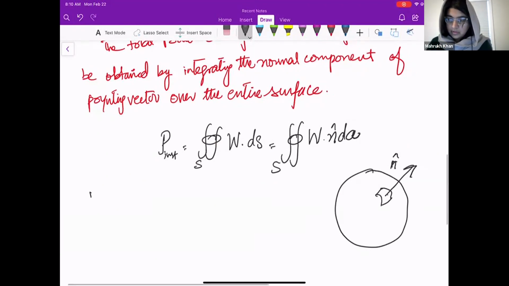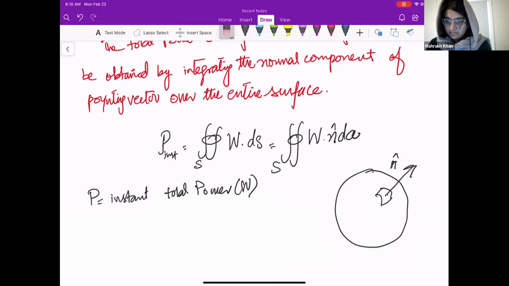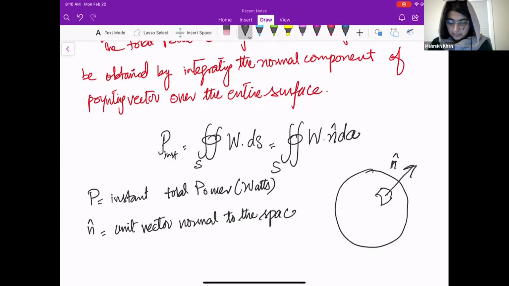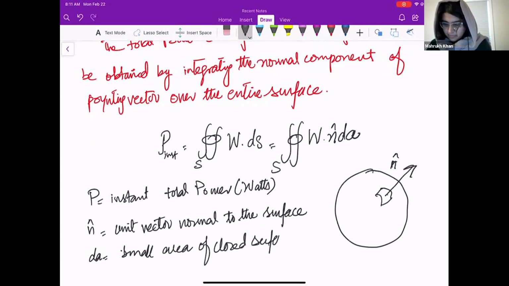Okay, so here P is the instantaneous total power, in watts. n is the unit vector normal to the surface, and dA is the infinitesimal or small area of the closed surface, in meter square.